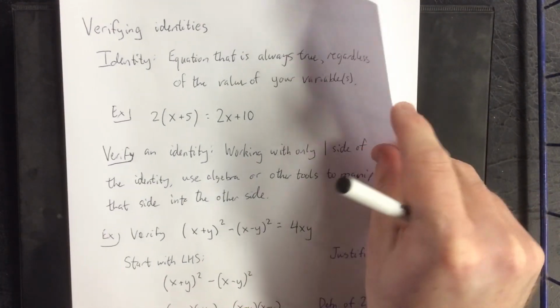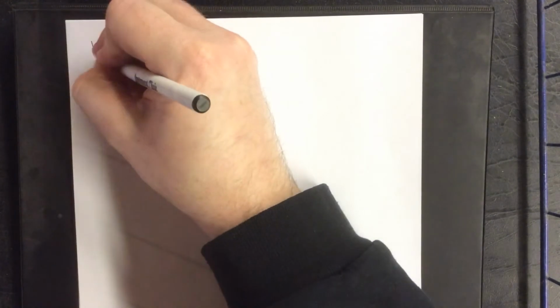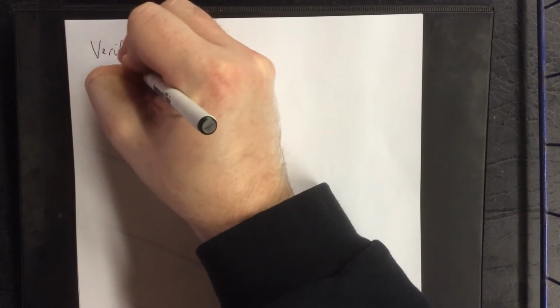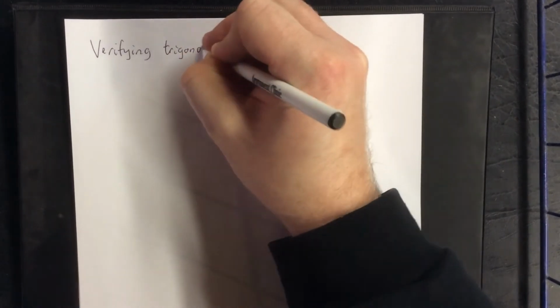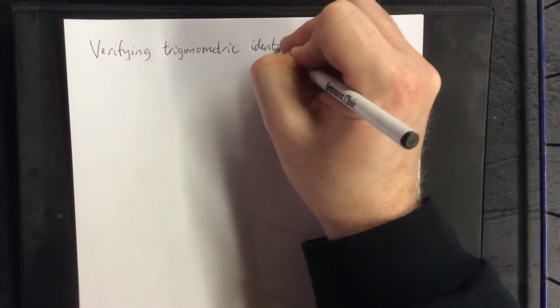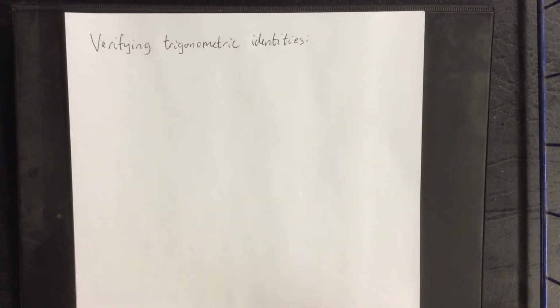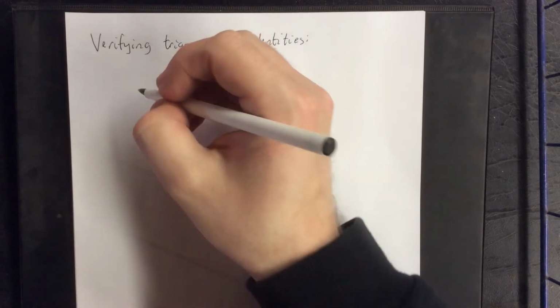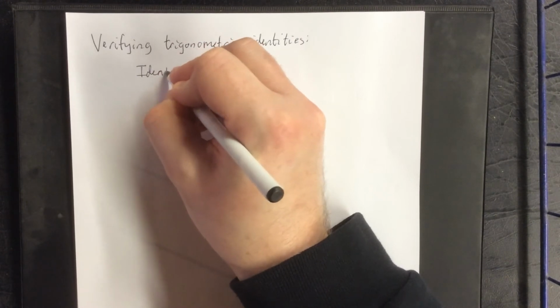So with that in mind, in this section, we are going to be verifying trigonometric identities. It's the same as what we just saw on the previous page. The difference is that for trigonometric identities, that'll be identities with trigonometric functions.